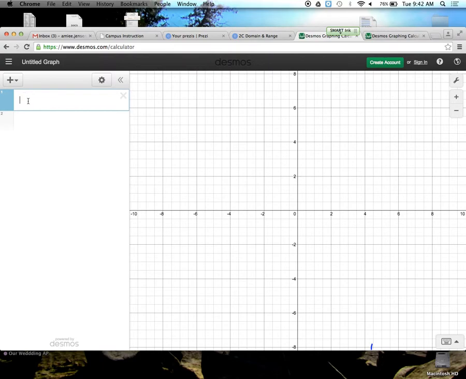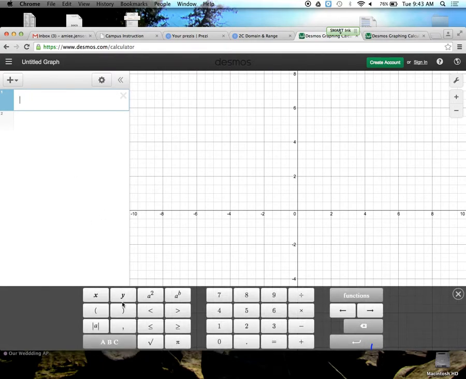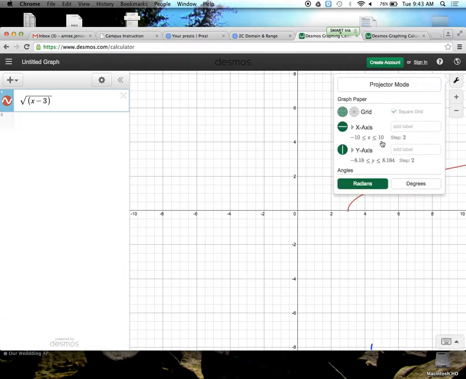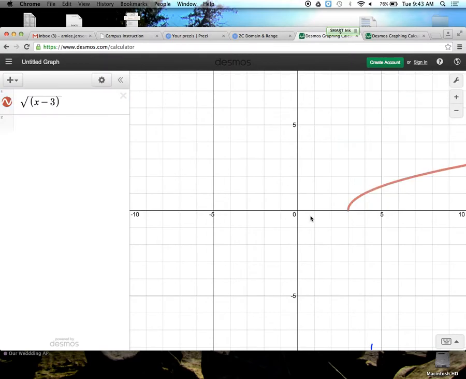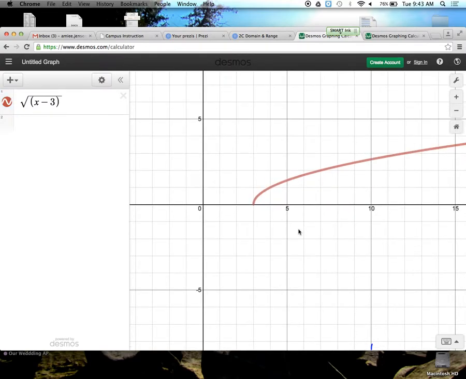Alright, so mine's a little slow here. So I've got the square root of, and I'm using parentheses too, x minus 3. Let's go ahead and turn that projector mode on. Okay. Do you guys have something that looks like that? If not, let me know. Maybe we plugged something in wrong.